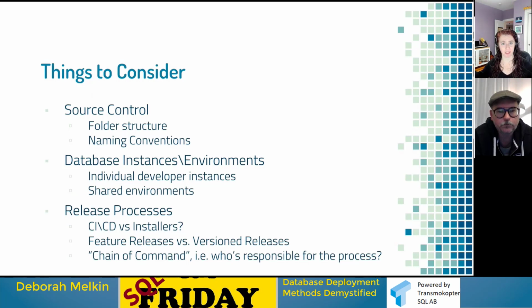I've worked at companies fairly recently where we had an installer because that's how the application worked. Clients supported it on their own, so we needed to find a way that they could update their databases on their systems. Are you doing feature releases? Are you doing versioned releases? How are you doing releases? And most importantly, I hate saying the words chain of command, but it's the best way of saying it: who's responsible for the process? Are there release engineers you need to coordinate with?